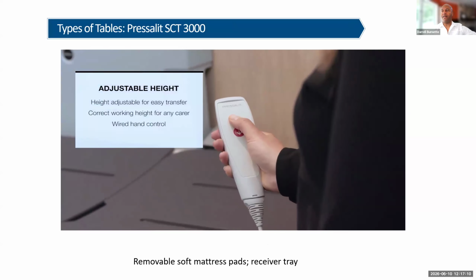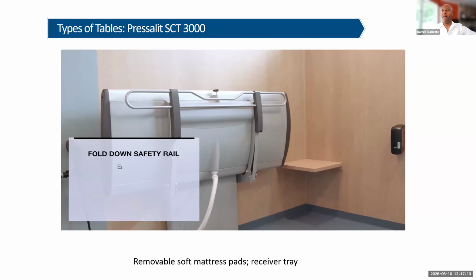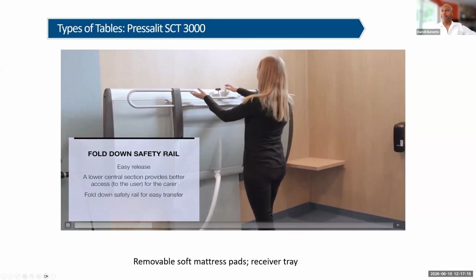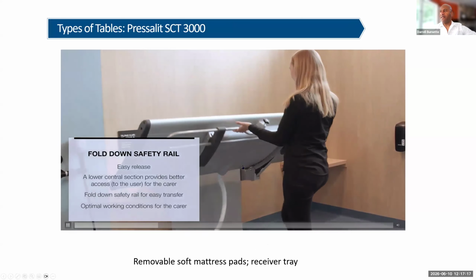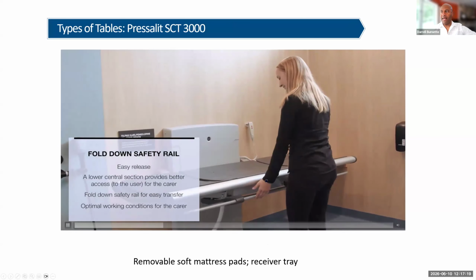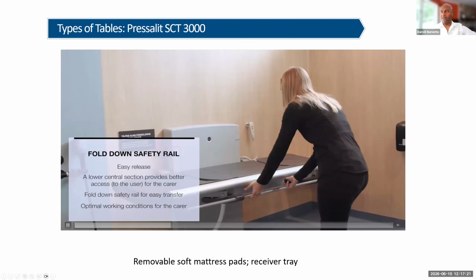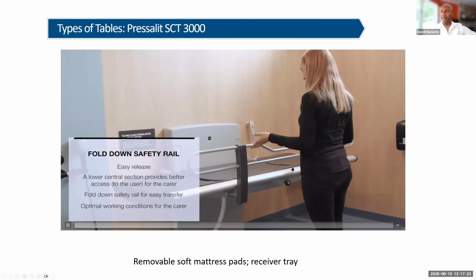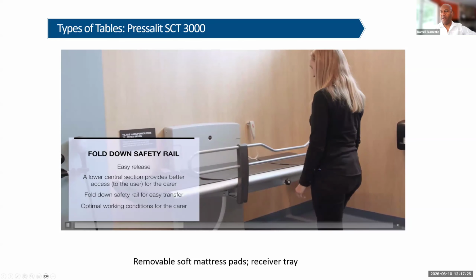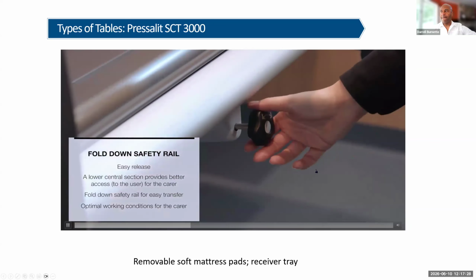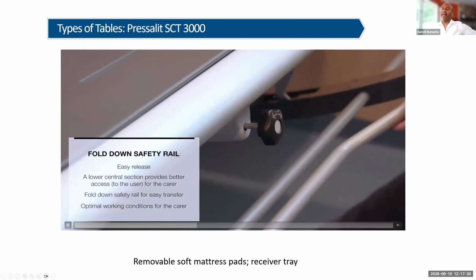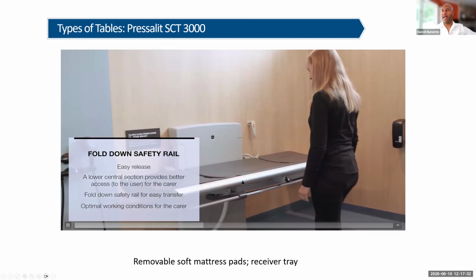They use these a lot because it is good with a caregiver. It does, of course, fold, and the safety rail is easily accessible and out of the way when not in use.